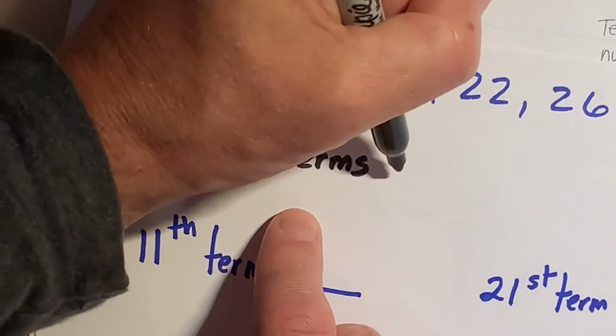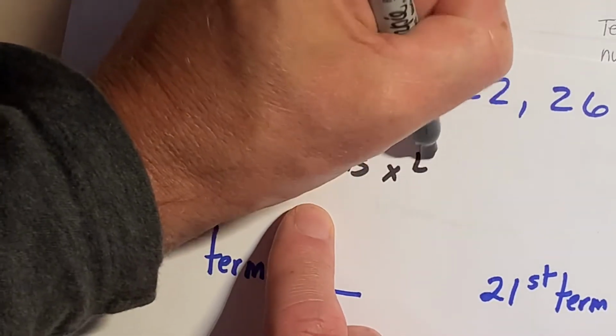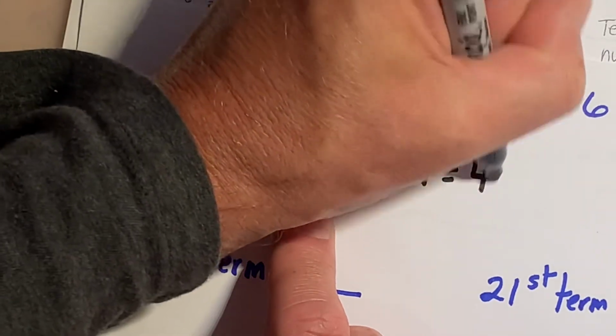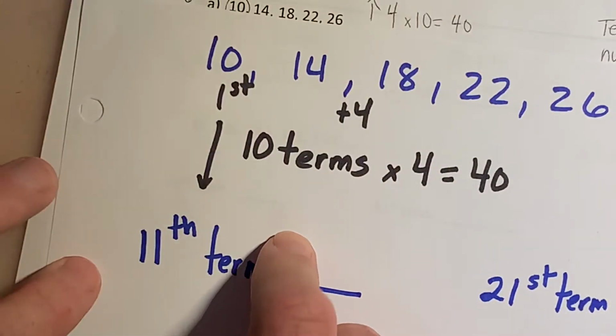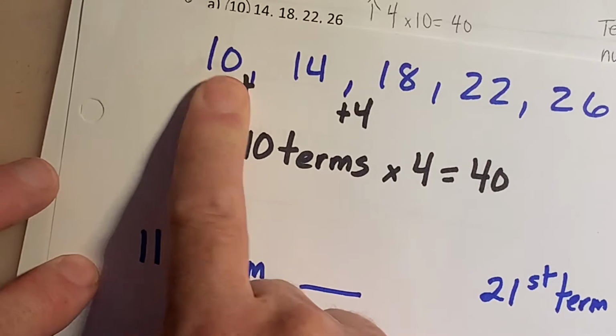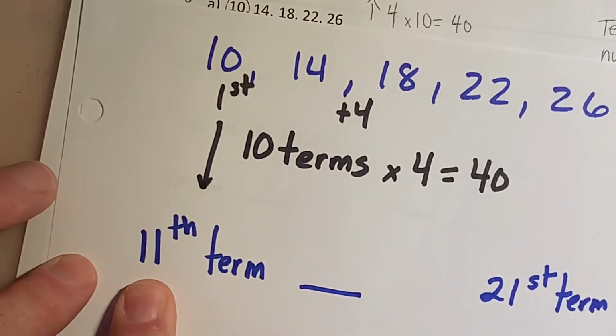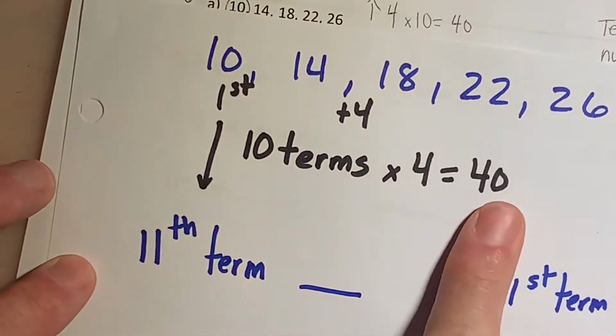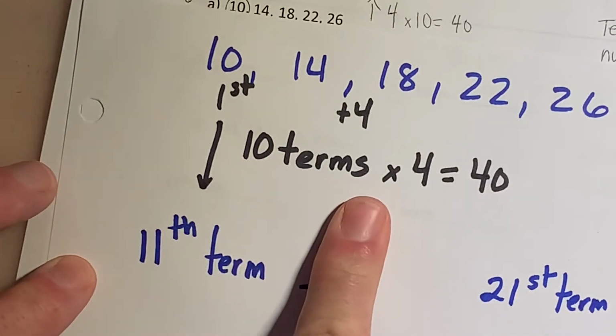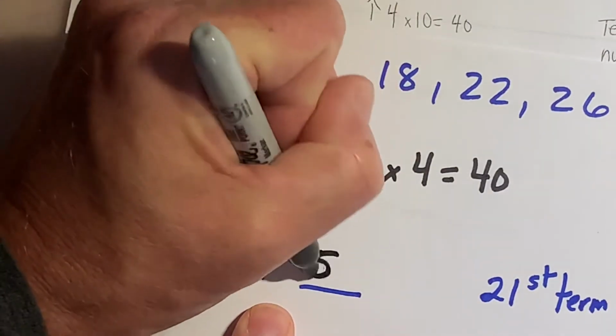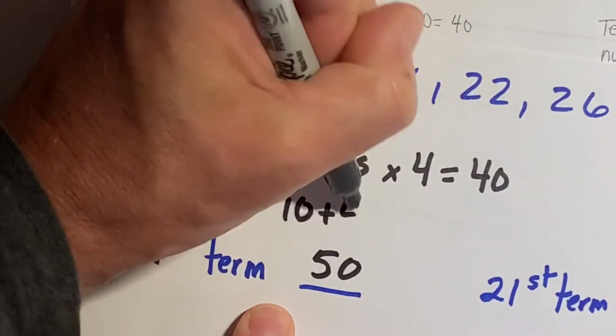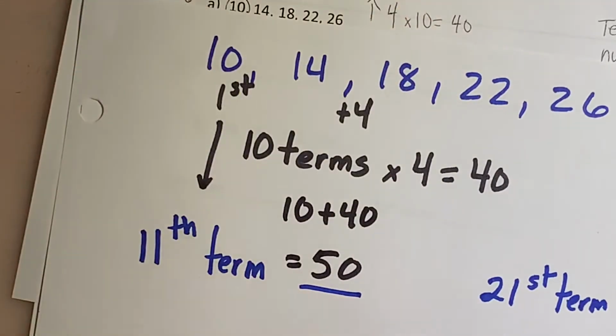So every 10 terms is going to increase by 10 times 4, which is 40. And so if this is 10, that 10 plus another 40 because it's 10 more terms. So 10 plus 40 is 50.